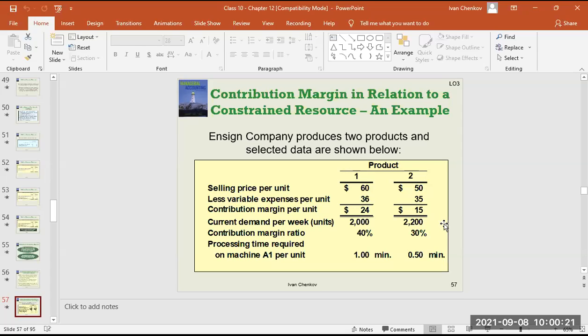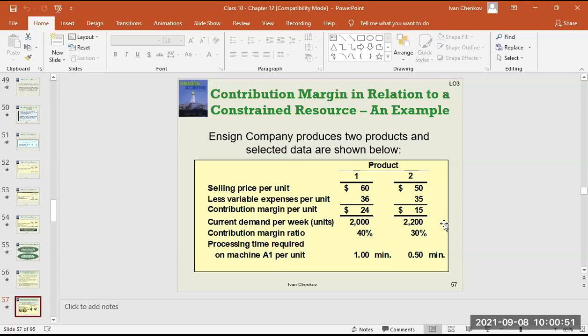Obviously, at this point, clearly product one provides more contribution margin for us than product two. The difference is exactly $9. That's expressed in the contribution margin ratio: 40% for product one, 30% for product two. Clearly, again, product one is more profitable for us.